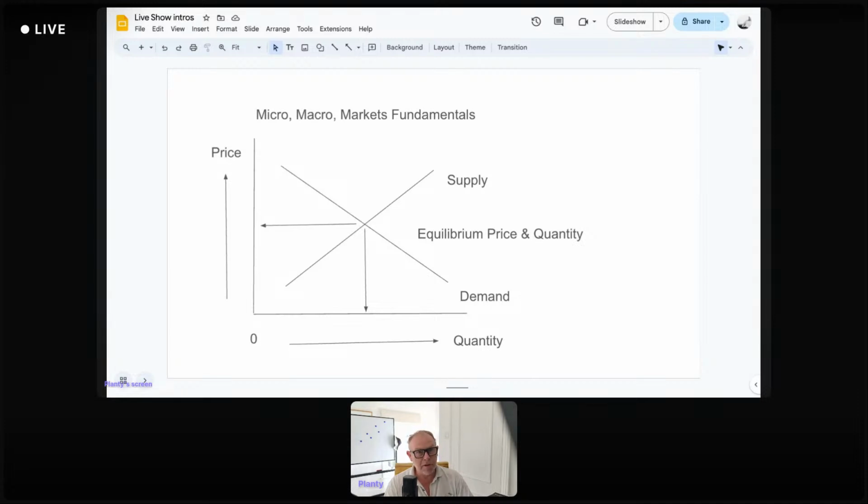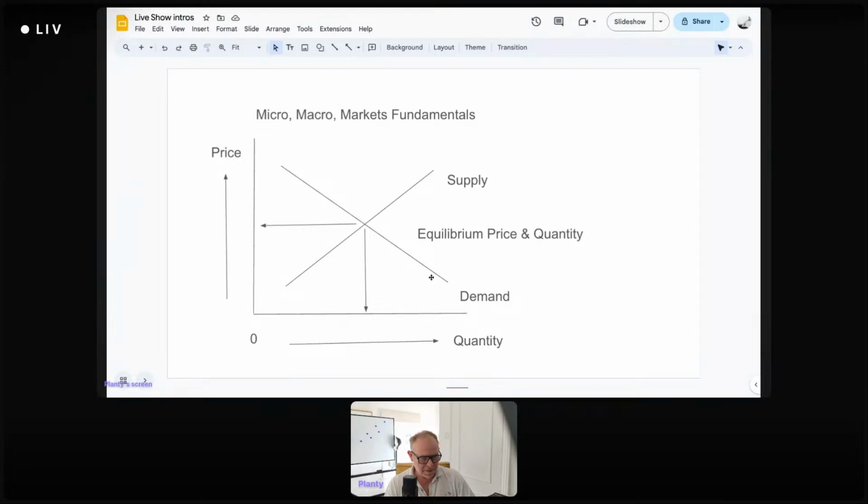This is what the markets are all about, and the data that we hear relates to either supply and demand of an individual company's goods, or what we're really looking at is the aggregate of everything. We'll work through how that happens, but the basic idea is that people will demand more of something when its price is cheap.